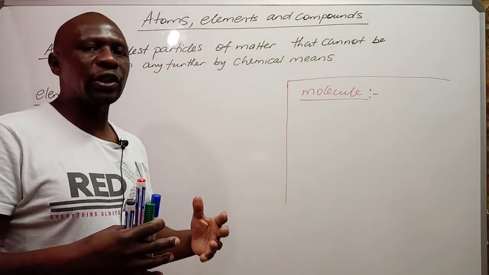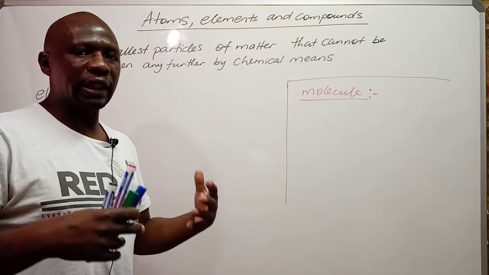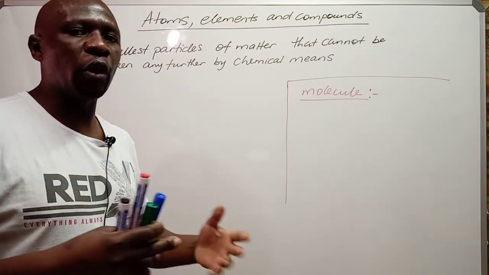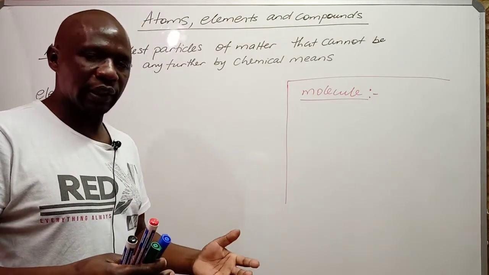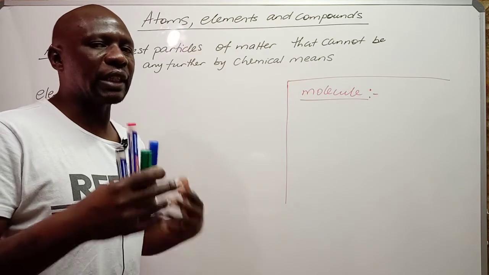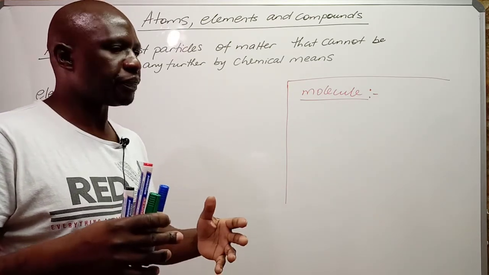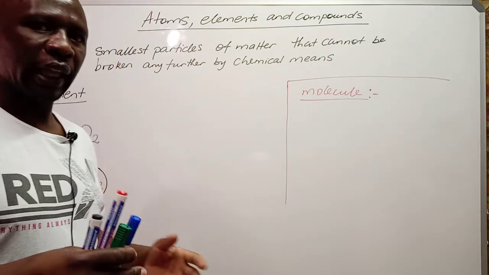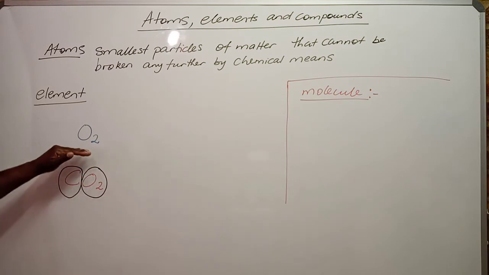Therefore, carbon dioxide becomes a compound because its molecules are made up of more than one element. So when the molecule is made up of different elements, then we will have a compound. But let's talk about oxygen.